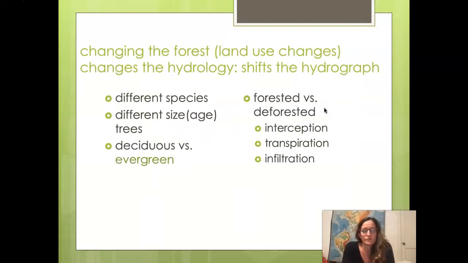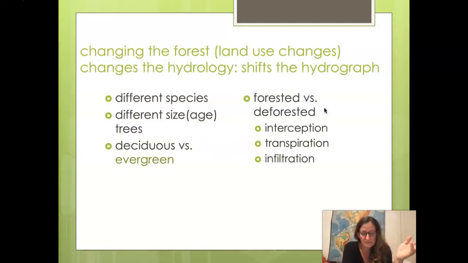If you change the forest, and usually a forest change is going to come from a land use change, or maybe from a disturbance like a forest fire, or in a marine environment, maybe there's a tsunami. So changes in the forest species are going to change the hydrology.